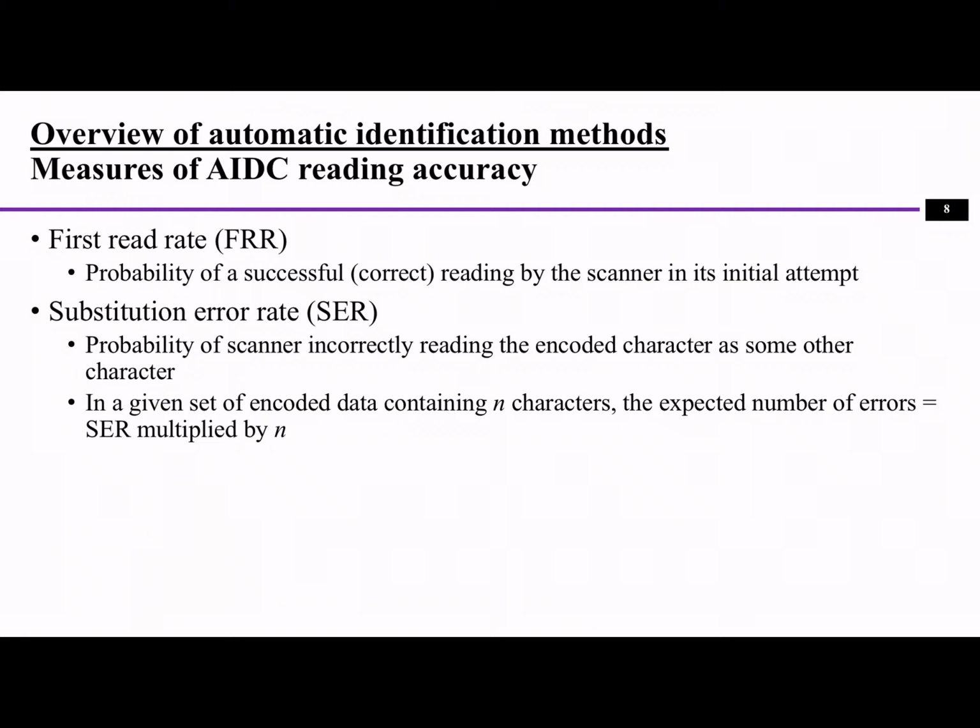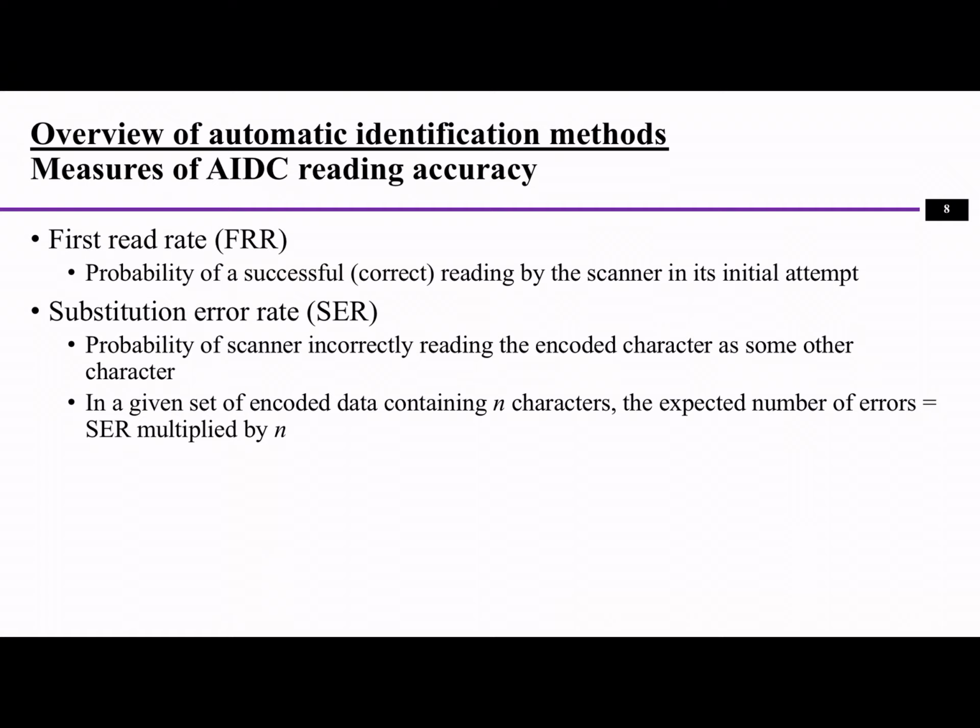And how do we measure the accuracy of AIDC technologies? A couple of things. One is the first read rate. First read rate means when you scan something, what is the probability of being successful at the first attempt?